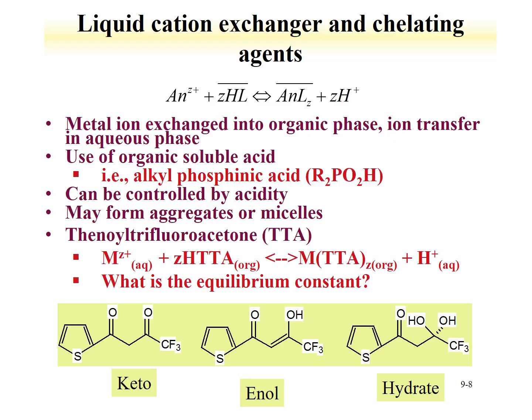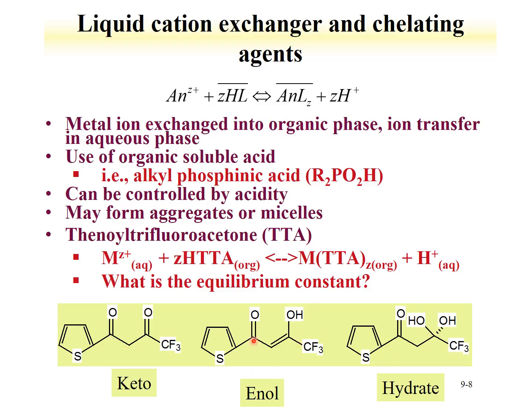You need an organic soluble acid, for instance some sort of alkyl phosphonic acids are examples. The one shown here below, thenoyltrifluoroacetone, is also a suitable organic acid. As we see, this TTA forms a few different conformations.